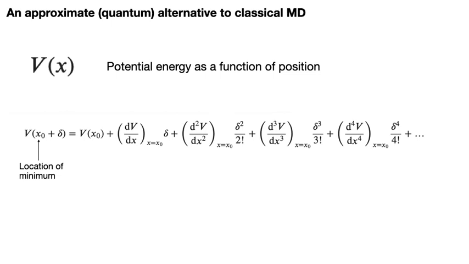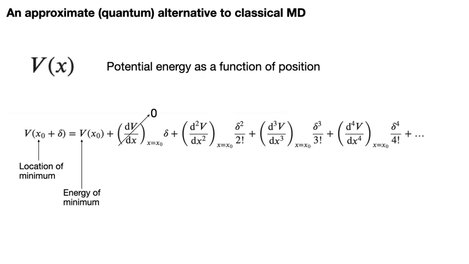The V of x0 here is thus the energy the system has when it is at the minimum. Better still, because we are at a minimum, the first derivative of V with respect to x at x0 is equal to 0. This whole second term in the Taylor series thus goes to 0.